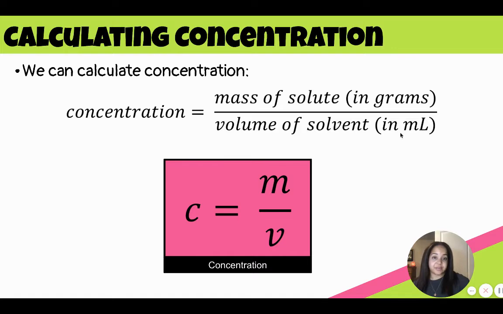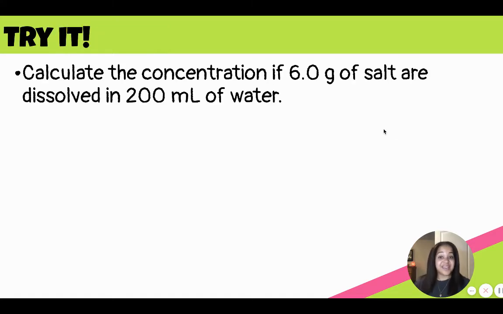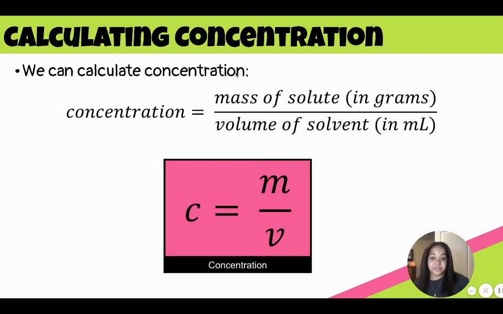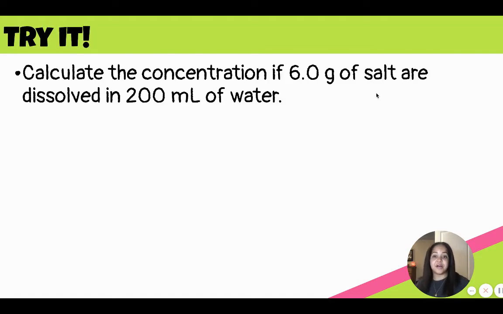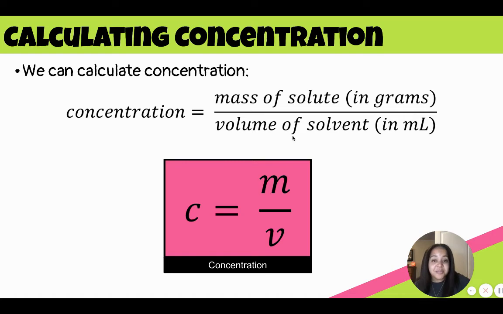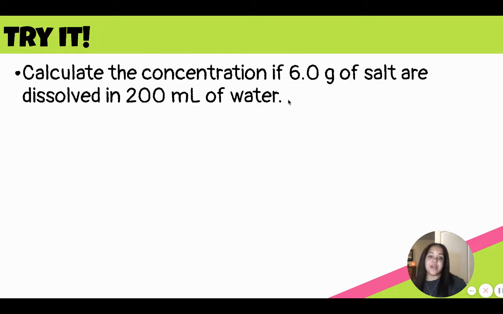So grams and milliliters. So we have 6 grams of salt. So the mass of the solute is 6 grams. And we're going to dissolve it in 200 milliliters of water. So concentration here is 6 over 200. And you have to make sure that you have your correct units of measure.